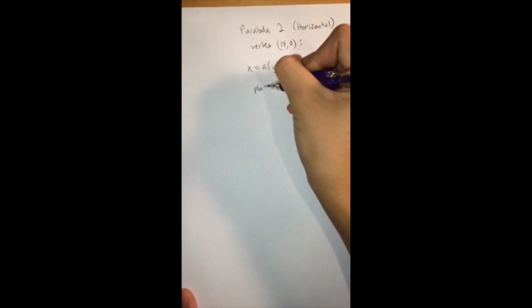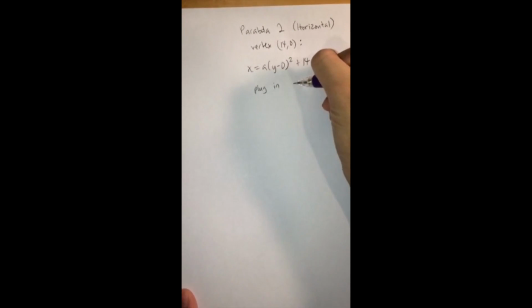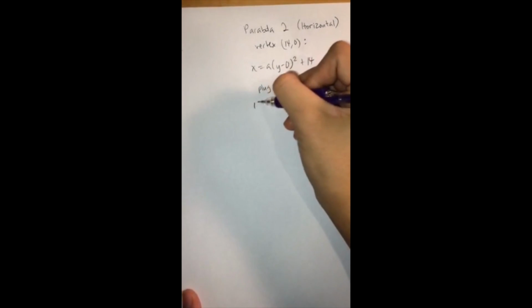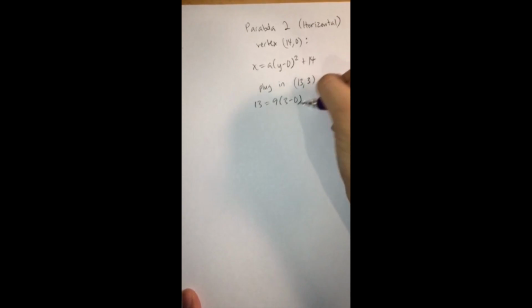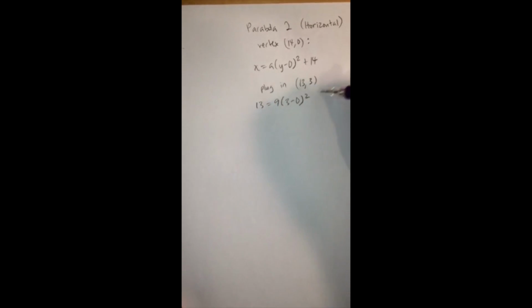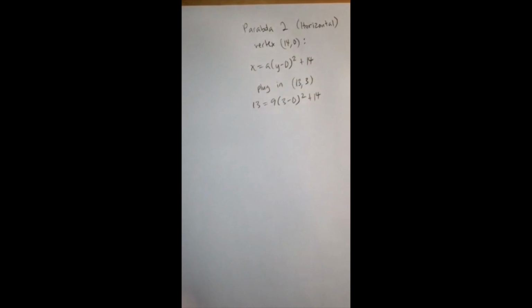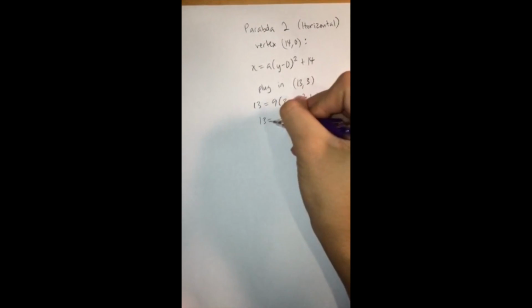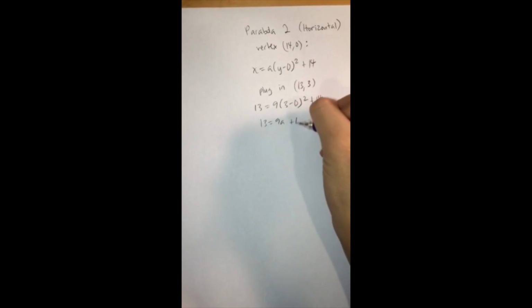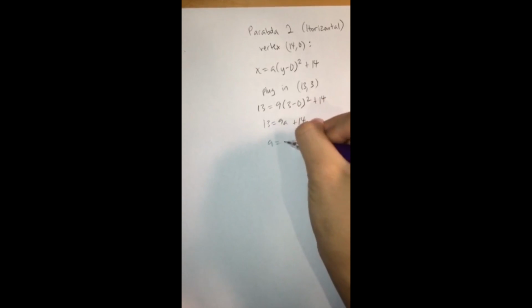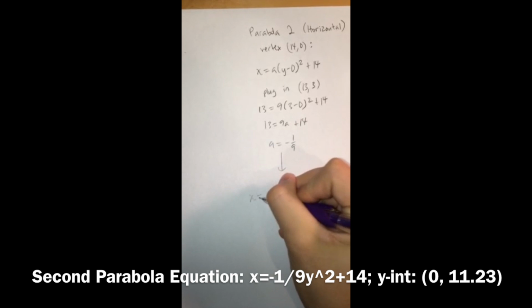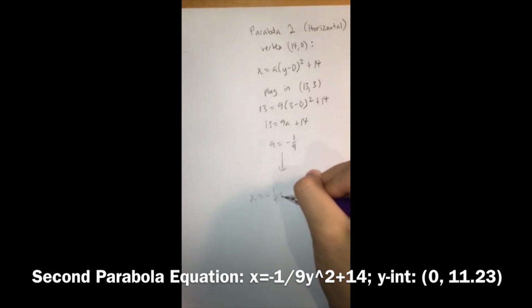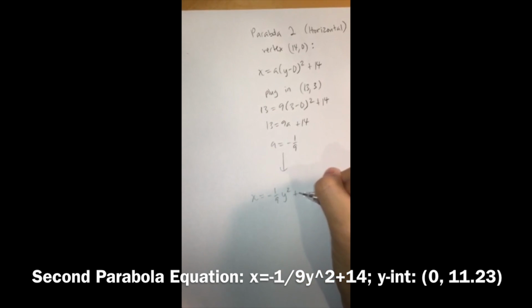Then the point 13, 3 was plugged in order to find a. A equals negative 1/9, and this was plugged back into the equation to get x equals negative 1/9 y squared plus 14 as the final equation.